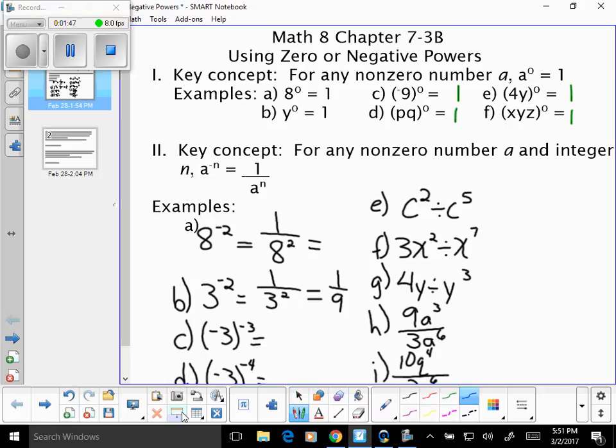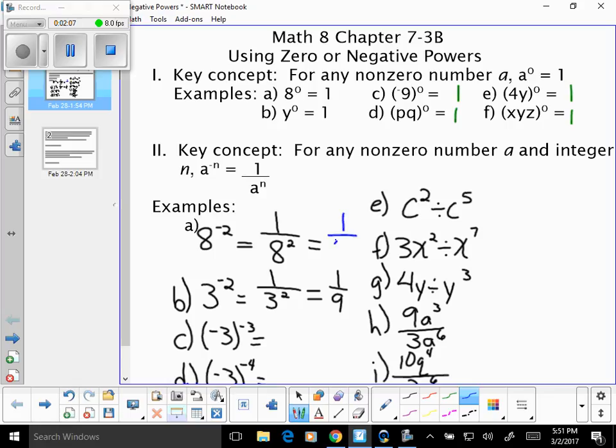Let's look at example A. Here we have 8 to the negative 2 power. That really equals 1 over 8 squared. Notice the negative 2, when it goes to the denominator into the reciprocal, becomes a positive 2.